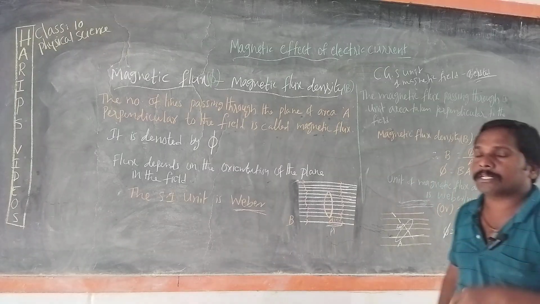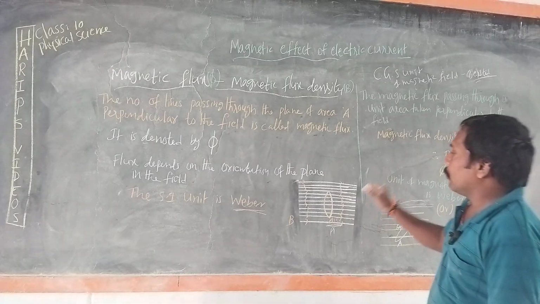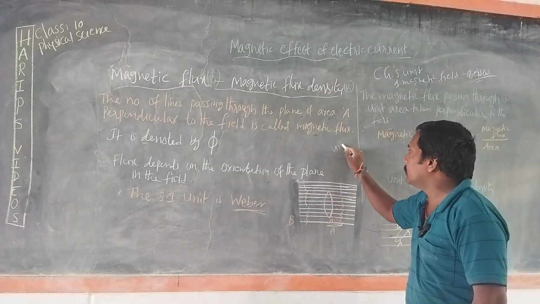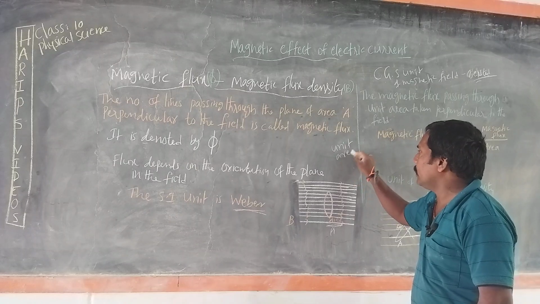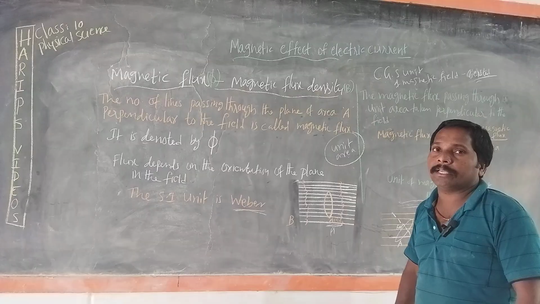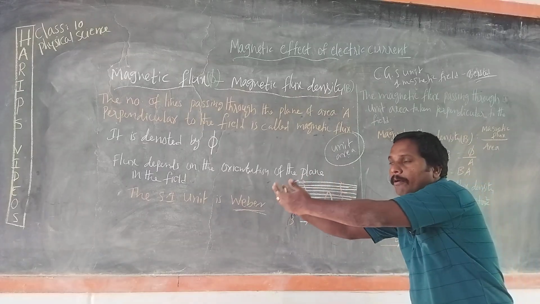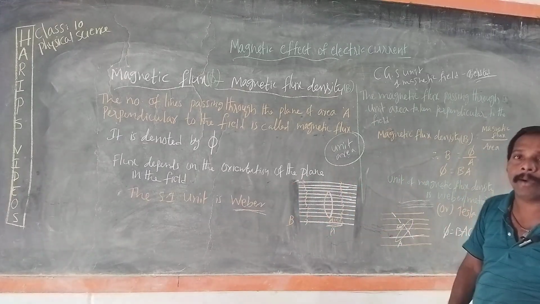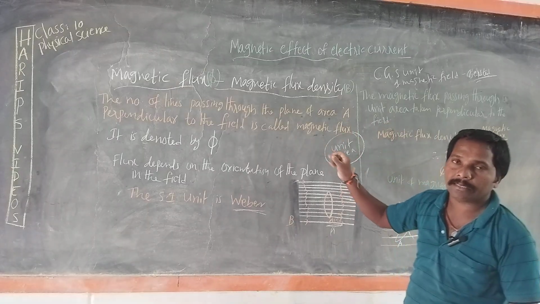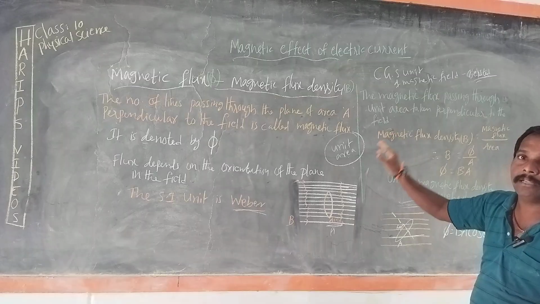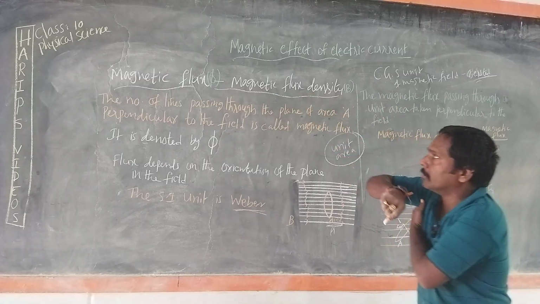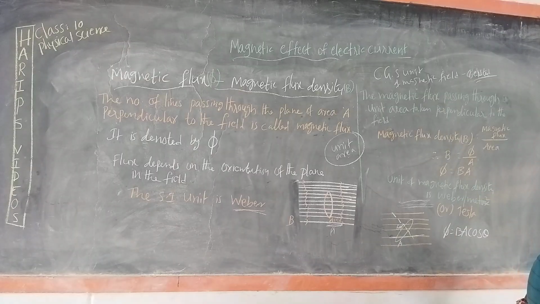How can we know the strength of a magnetic field? In a magnetic field, if we imagine a unit area, the number of magnetic field lines passing through this unit area denotes the magnetic field strength. This magnetic field strength is explained by the term magnetic flux density.